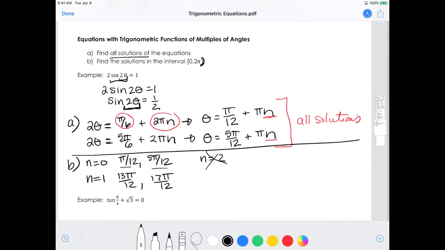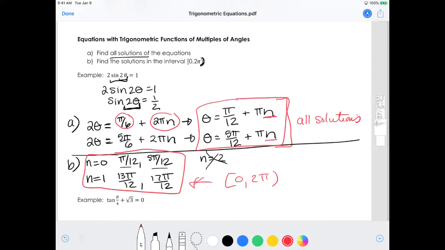So I'm going to stop here and say that my solutions on just the first rotation, 0 to 2 pi, are 4 answers: pi over 12, 5 pi over 12, 13 pi over 12, and 17 pi over 12. So these are specific to just the interval 0 to 2 pi. In part A, we found all the solutions. So these would be all the solutions.